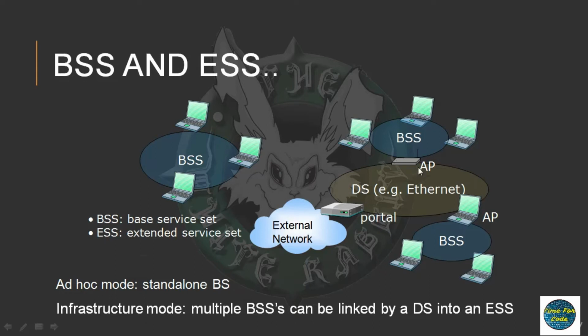Access points are very similar to stations, except they have some additional functionality. In terms of communications, the underlying MAC protocols are very similar, except access points have some additional capabilities that allow them to control the individual BSSs. Another thing you might notice if you're just doing a simple scan around is that there are names.